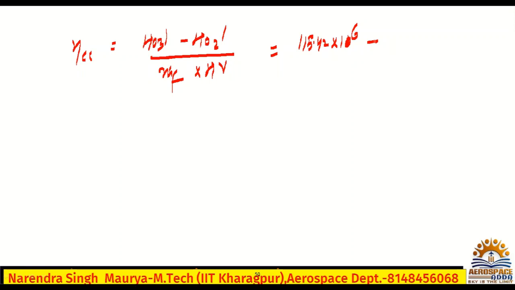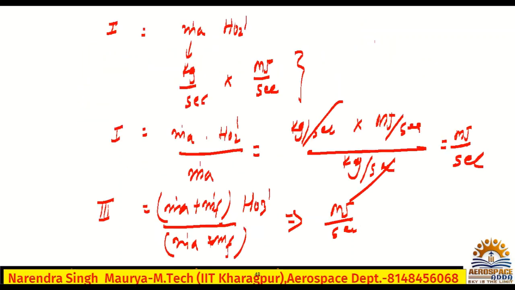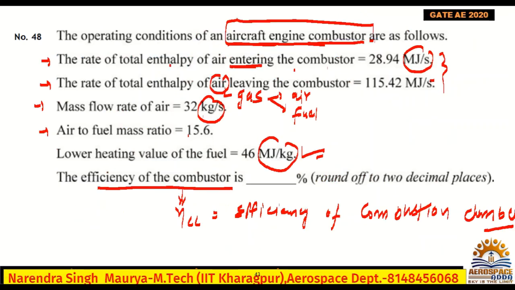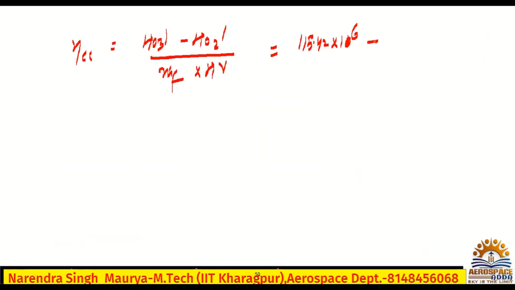What is the h naught 2 dash? Check. See here, h naught 2 dash is 28.94 into 10 to power 6.